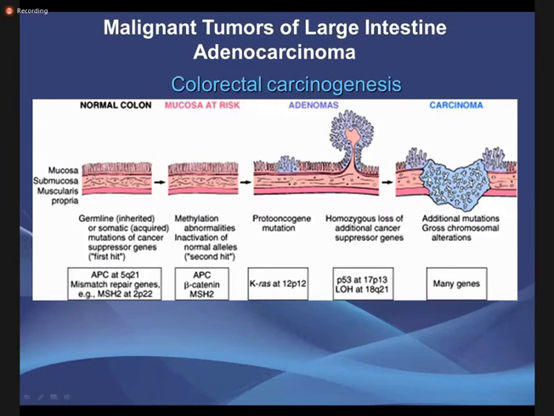That is, when the basement membrane is breached by the tumor, this is invasive carcinoma. This is the adenoma, which is a protrusion from the mucosa, lined by epithelial cells which are proliferating and dysplastic. But when this adenoma invades the muscle layers, that is mucosa, submucosa, muscularis, and penetrates deep into the wall, it will cause invasive carcinoma.